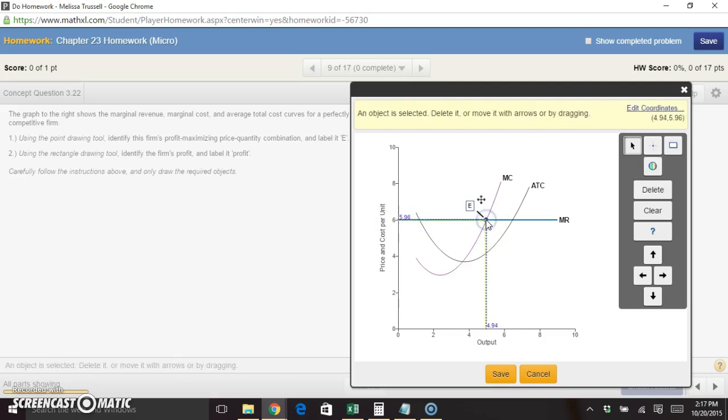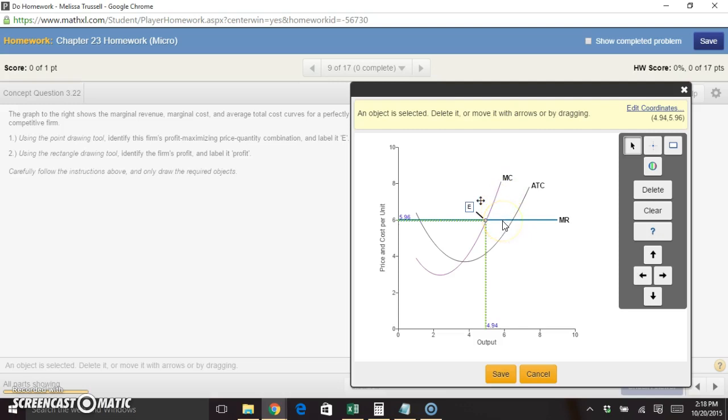But if I go above that and try to produce 6, that 6th one costs me way up here on the marginal cost curve, something like $8, and I only get from that 6th one my marginal revenue, which is $6. So now I'm spending more to make my 6th product than I am getting from it.